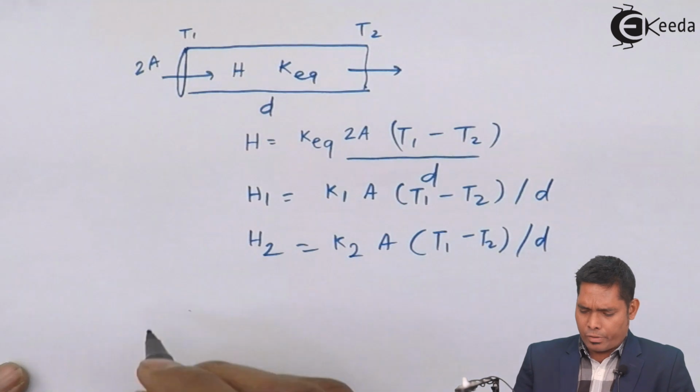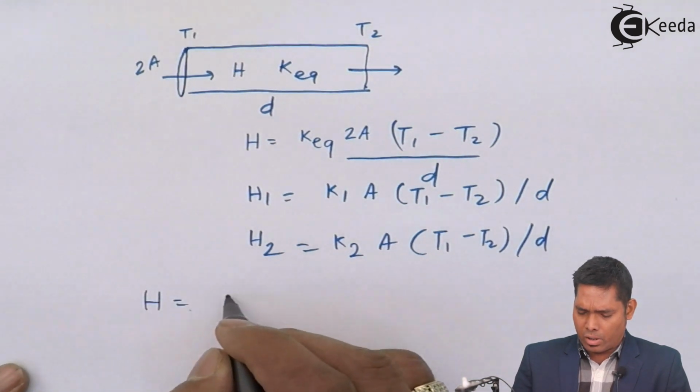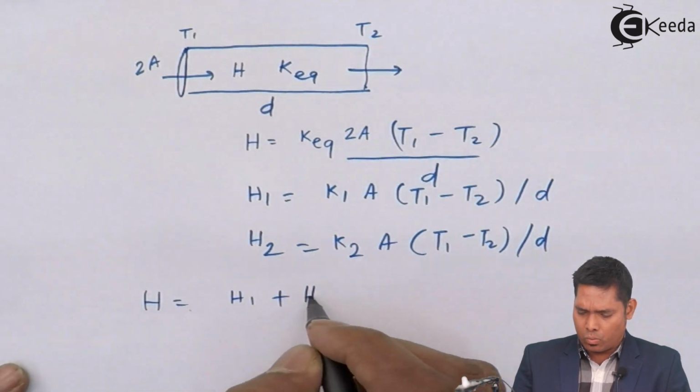So we have the equation H equals H1 plus H2.